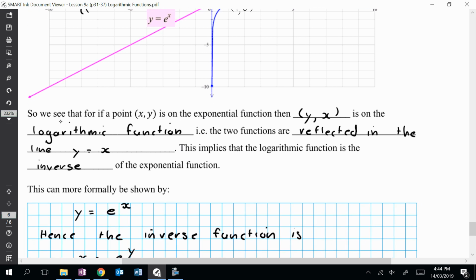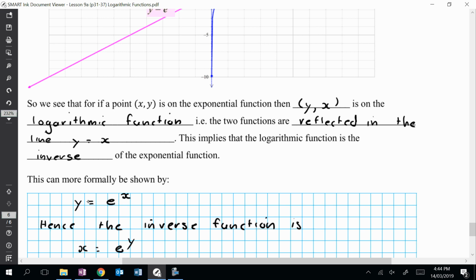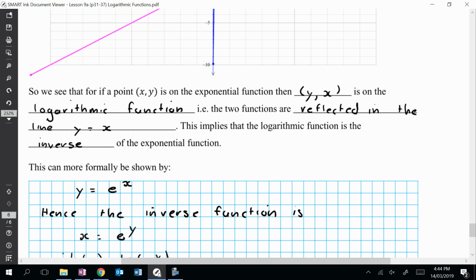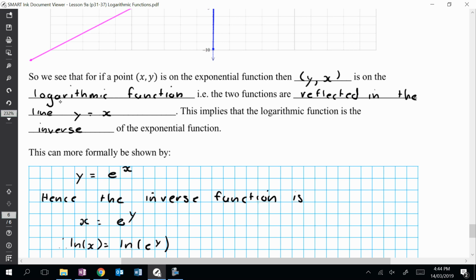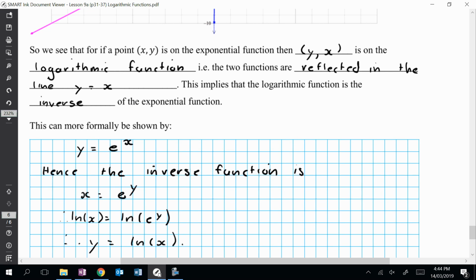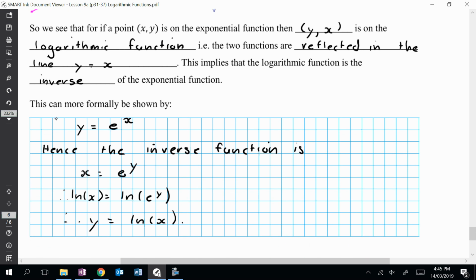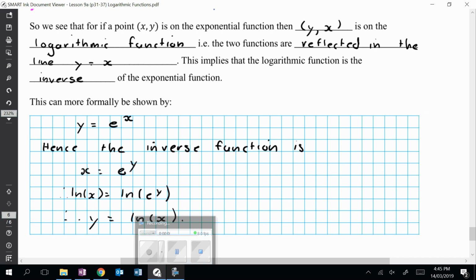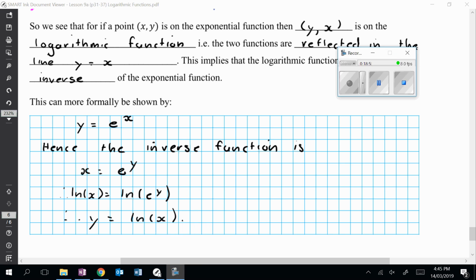The inverse function is that function with the x and y swapped, so it'll be x equals e to the power of y. If I take ln of both sides, I get ln x equals ln e to the power of y. The ln and the e cancel, so I get y equals ln x. So if I've got some original function, y equals e to the power of x, then the inverse function is y equals ln x. And that's all the key points from today.